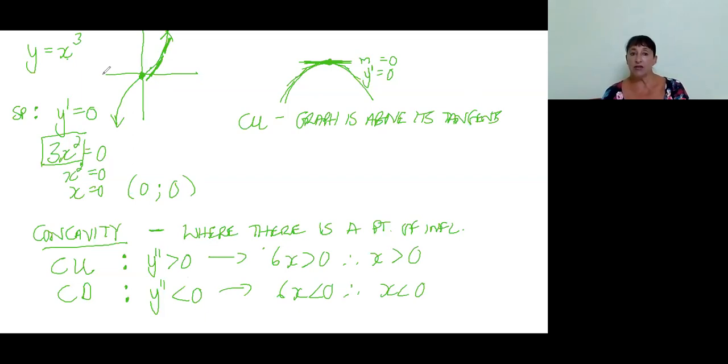On the left-hand side, where x is negative, it's this graph. And if we were to draw any number of tangents to the curve, do you see that the curve is underneath the tangents? So a graph is concave down where the graph is under its tangents.